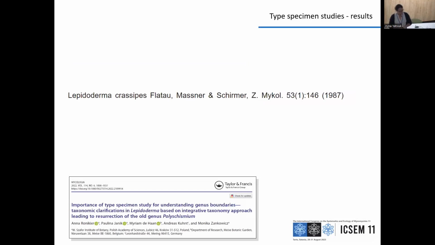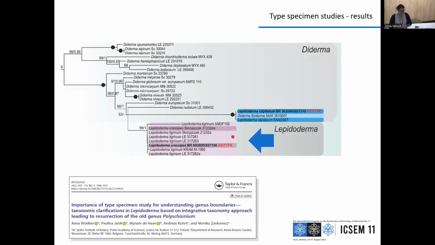The second species we verified was Lepidoderma crassipes, which we confirmed to represent Lepidoderma tigrinum. And again, in this phylogeny, you can see the sequence of the isotype of Lepidoderma crassipes. And the second specimen we got from René Skrzypczak from France. It was also identical morphologically to the isotype. And all other sequences you see here in this pink clade are all known sequences of Lepidoderma tigrinum generated by us or taken from GenBank.